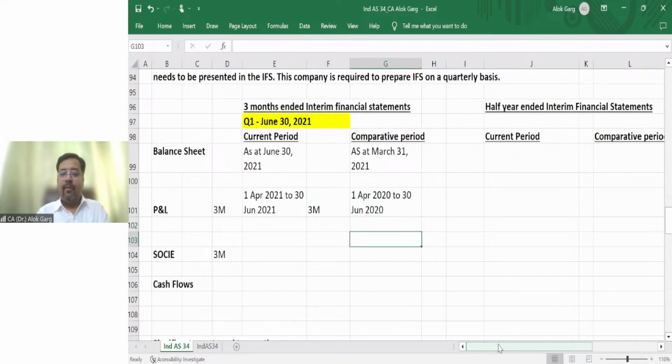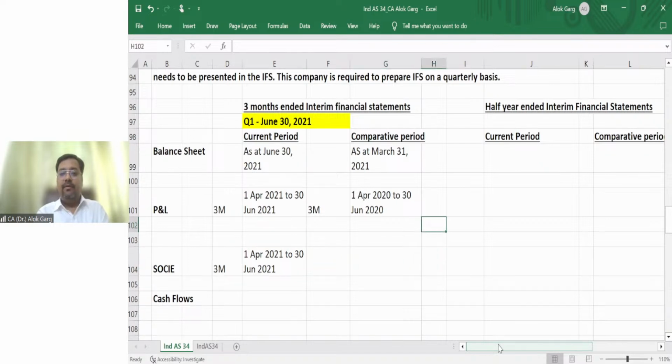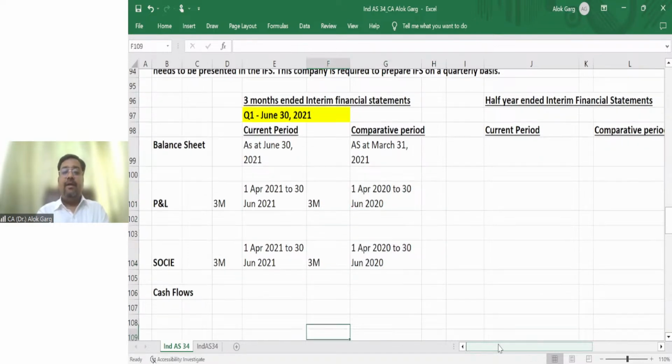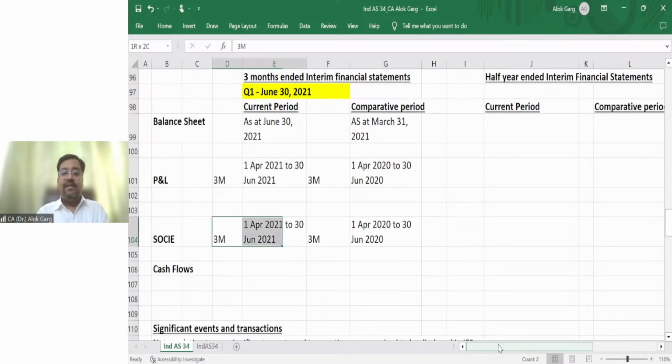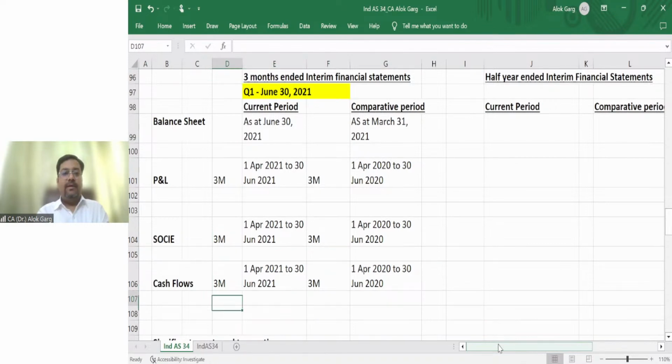Right? Is that clear? In the same way, the statement of changes in equity will also have the same comparative period. A statement of cash flow will also have the same comparative period, right? Is that clear? Balance sheet, P&L, changes in equity, cash flow.